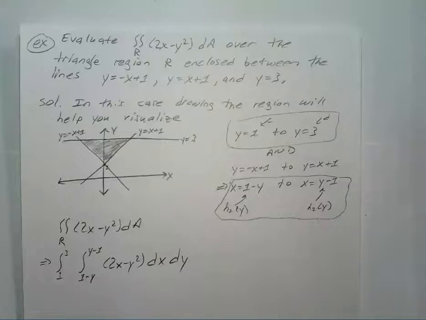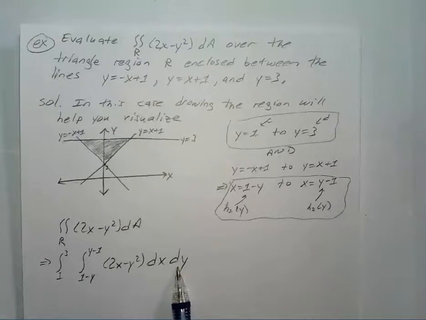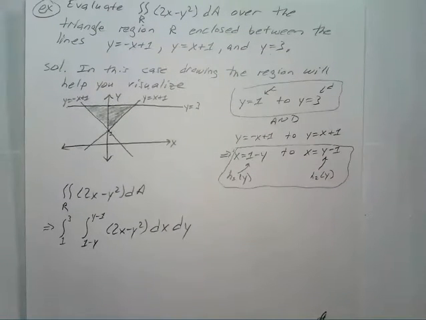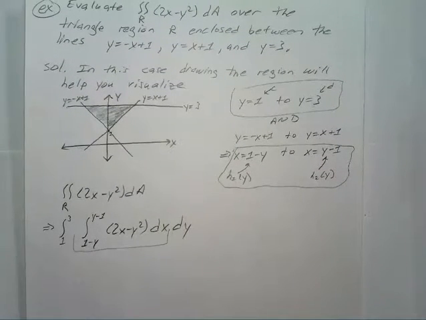And always double check, because if your y values are on the outside, then your d y should be on the outside. We can go ahead and integrate with respect to x, because we're going to start from the inside out.